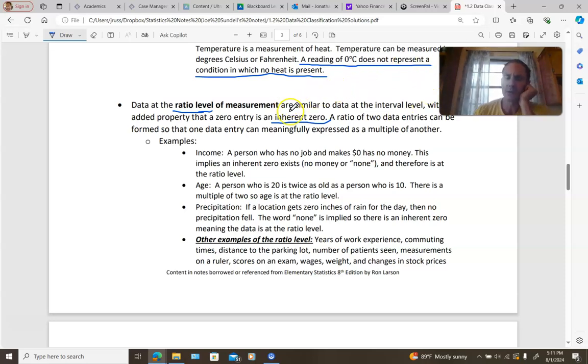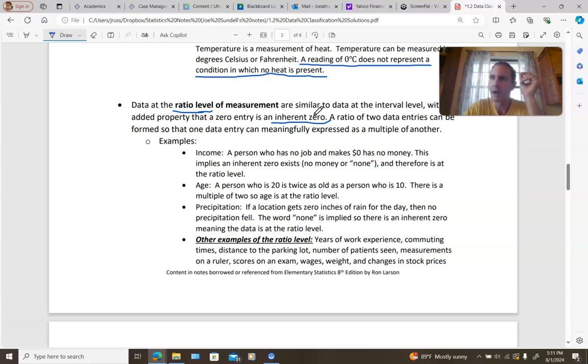So the key here is that it has an inherent zero, and because it has an inherent zero, you can express one data entry as a multiple of another. Another example would be household income. If one household has an income of $150,000 annually, and another household has an income of just $50,000 annually, you can express those two as a ratio.